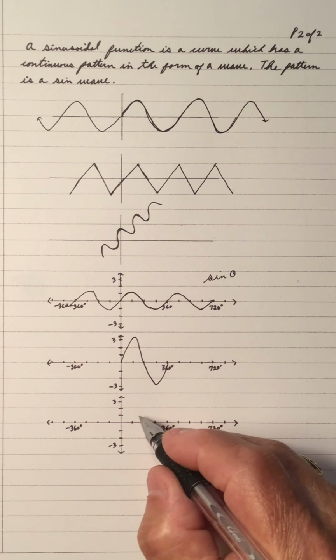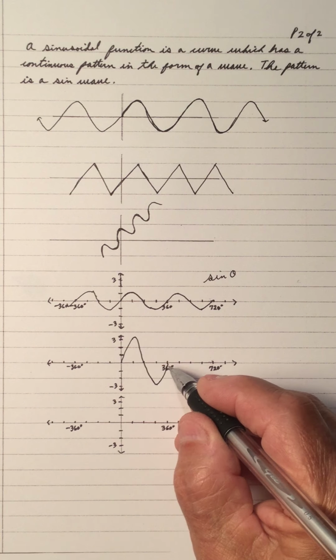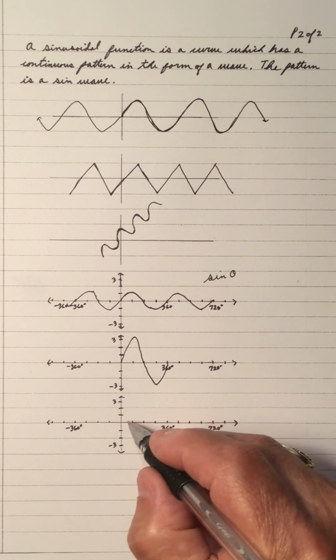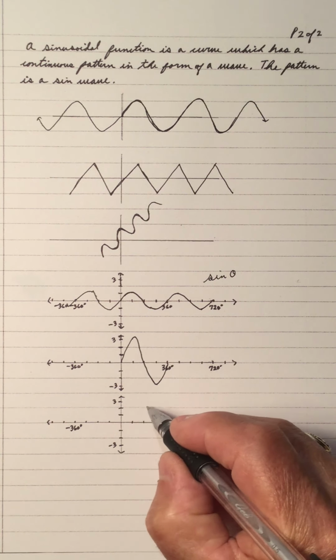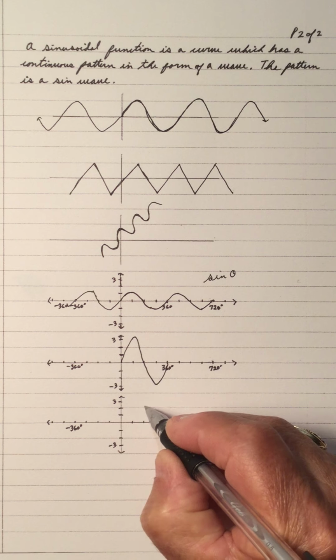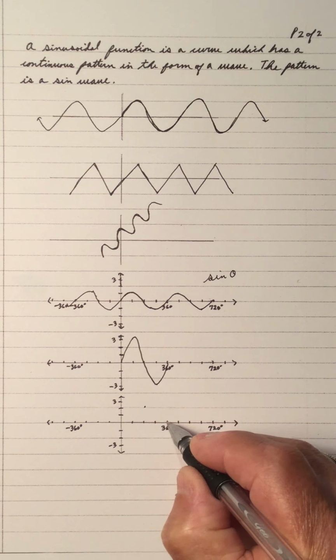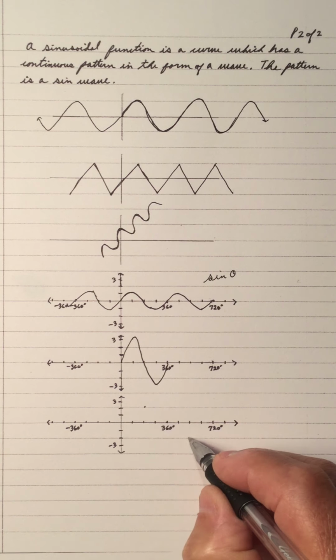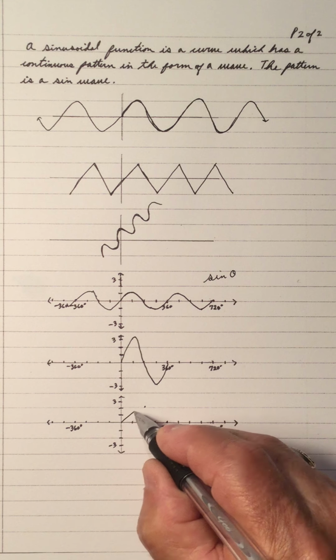Or we could do the same thing but stretch it out, so we make it longer and do this. We could go up 2, down 2, down 2 again.